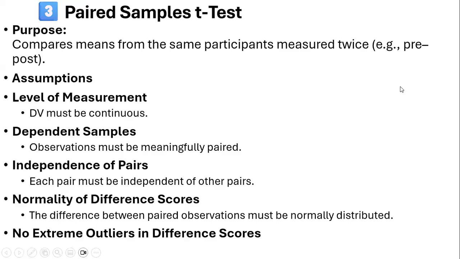The pre-testing and post-testing scores demarcation will help you know whether indeed the intervention that you introduce is making a significant difference or not. Then, of course, the normality assumption must also be met. That is, the differences between the paired observations must be normally distributed, and then absence of outliers.